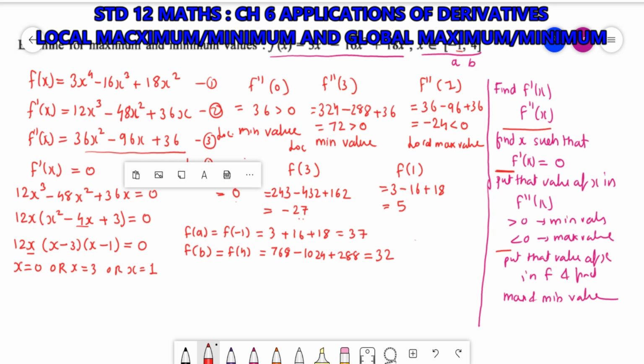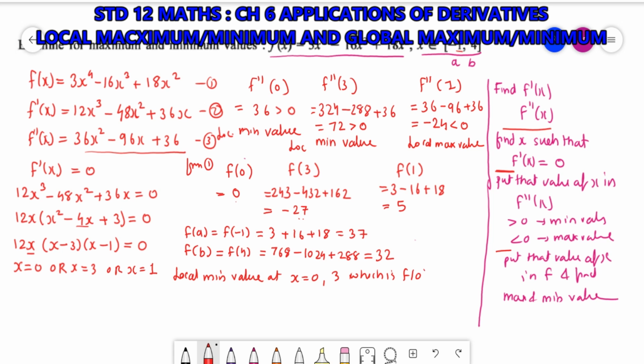Now see how you are going to represent your answer. You have to write down: local minimum value at x equal to 0 and 3, which is f of 0 equal to 0 and f of 3 equal to minus 27.